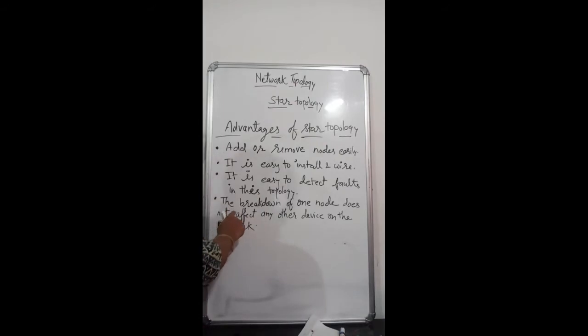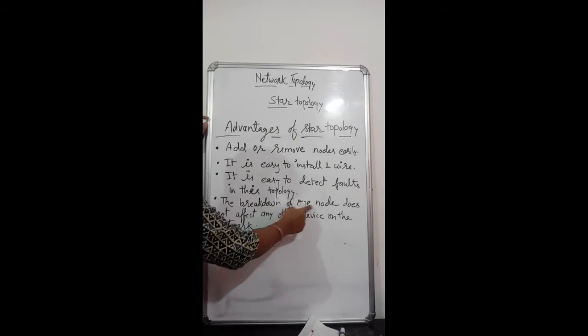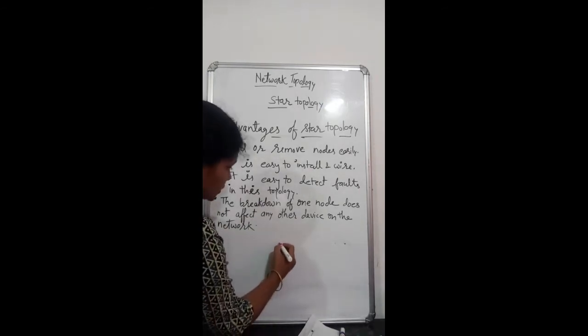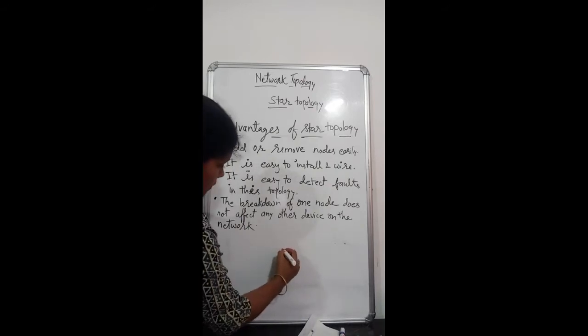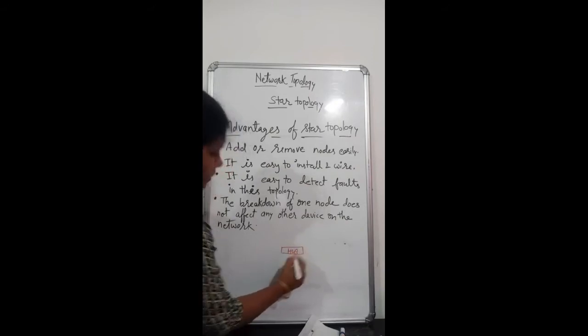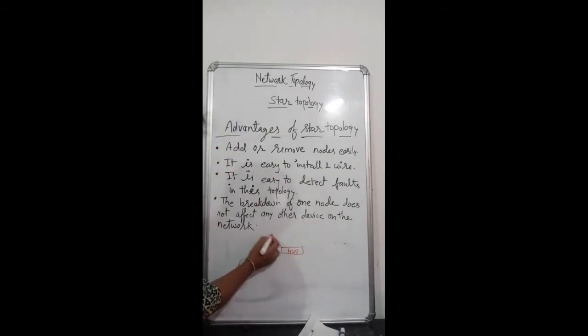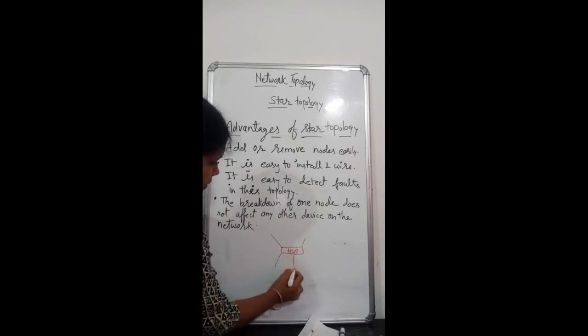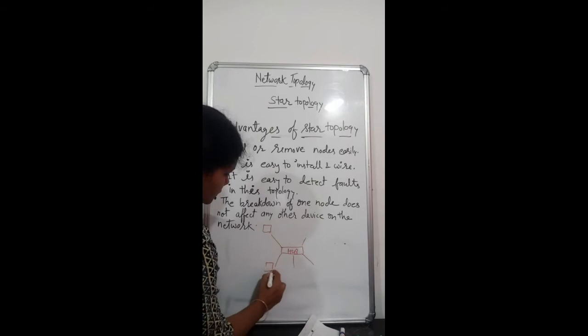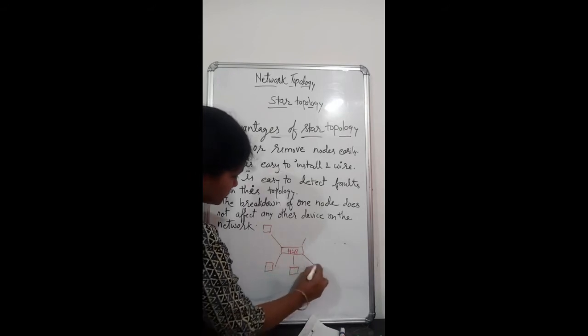The most important point, children: the breakdown of any one node does not affect any other device on the network. See this diagram? In the center there is a hub. Suppose there are these 4 nodes.